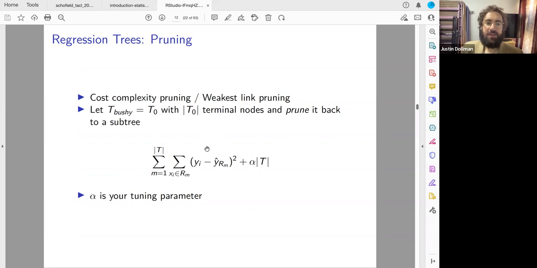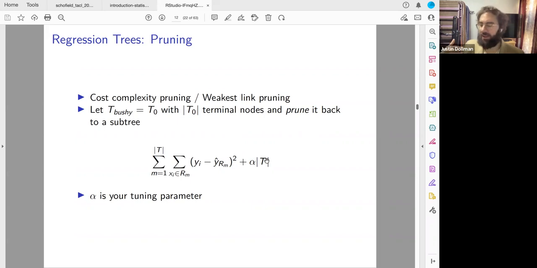So basically, what happens here is the exact same thing that happens with lasso and ridge. You have the loss function again here. It's just the sum of squares of the residuals, and you're adding to it a penalty, which is just alpha times the number of terminal nodes or leaves.